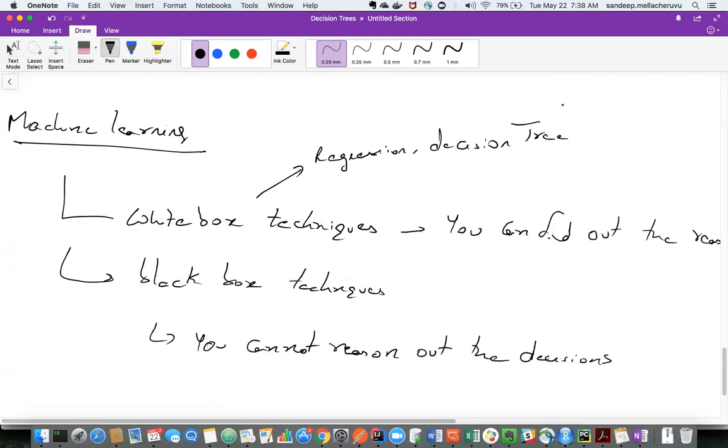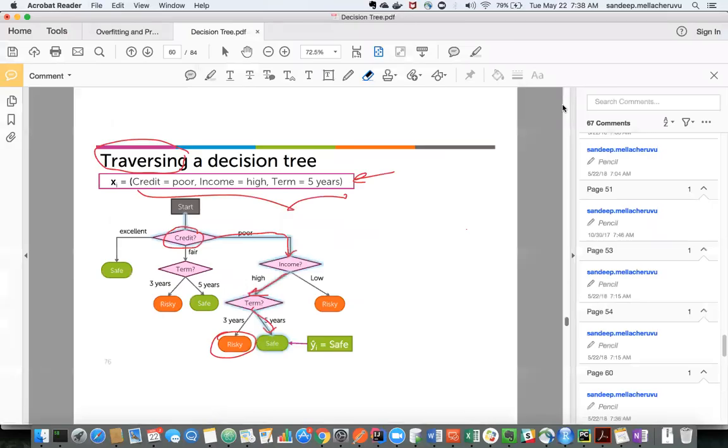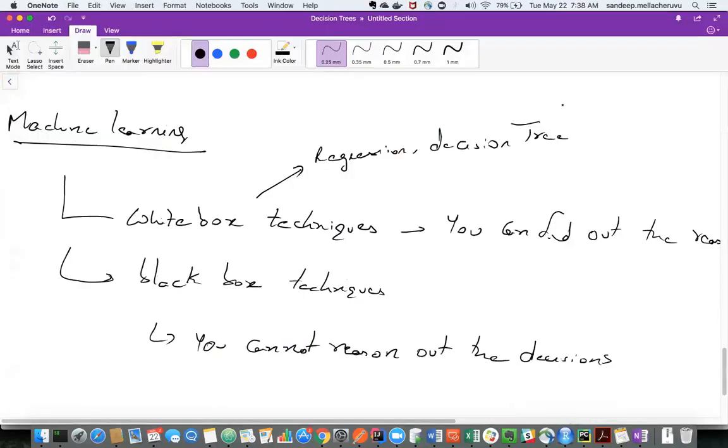Decision tree is a plain white box model. Everything is visible, everything you can interpret. It's very, very easy. Regression, it is a white box, but not as clean as decision tree. Because here you have all the formulas, y hat equals beta naught plus beta 1 x plus, all those formulas. So it's a little bit more black box than decision tree. But overall, I can classify it as a white box model.